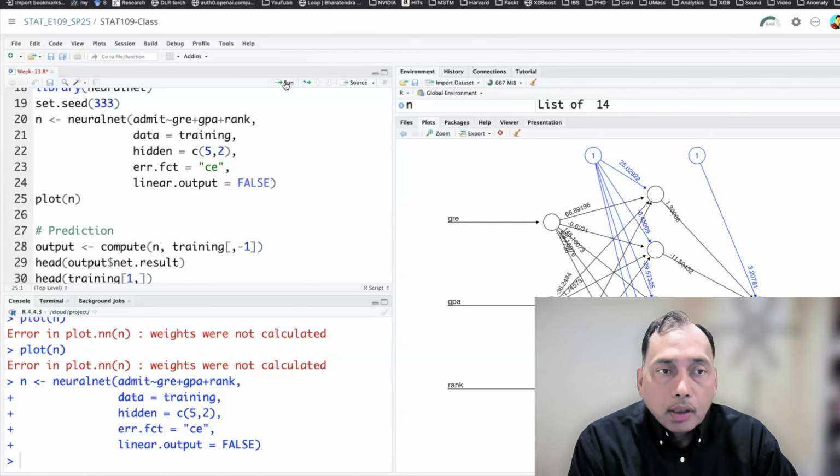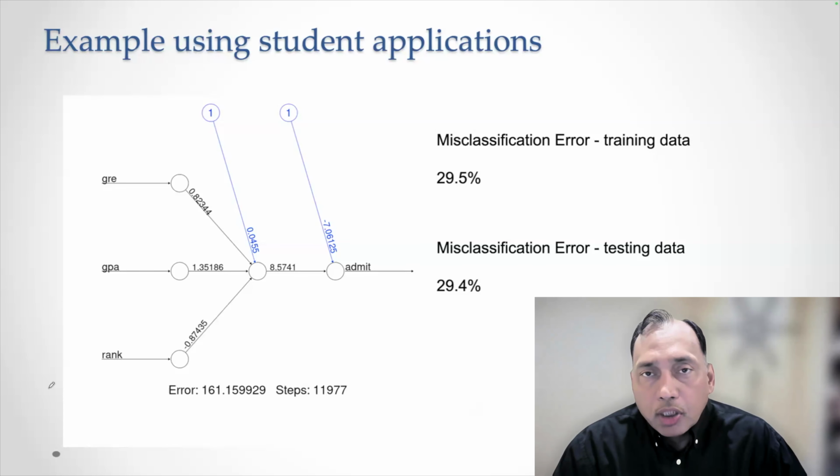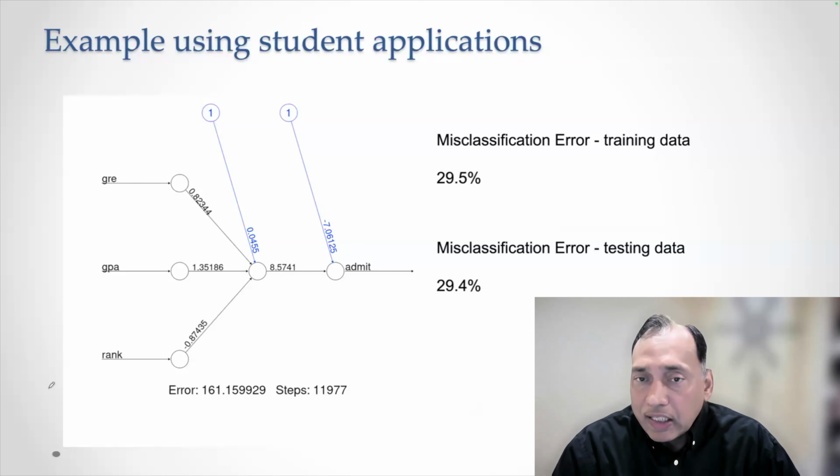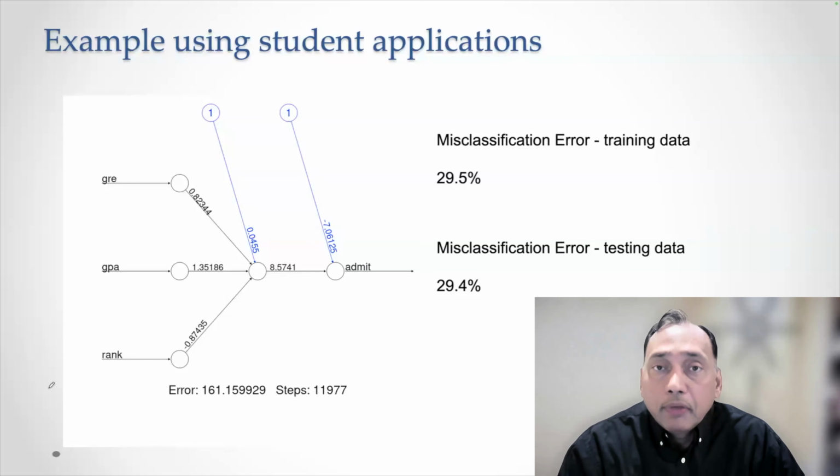Once it is done, I plot hidden layers 5 and 2, which means the first hidden layer has 5 nodes or neurons, and the second one has 2. So that's how a neural network works. The neural networks we are talking about for large language models obviously are not tiny, but very, very large.